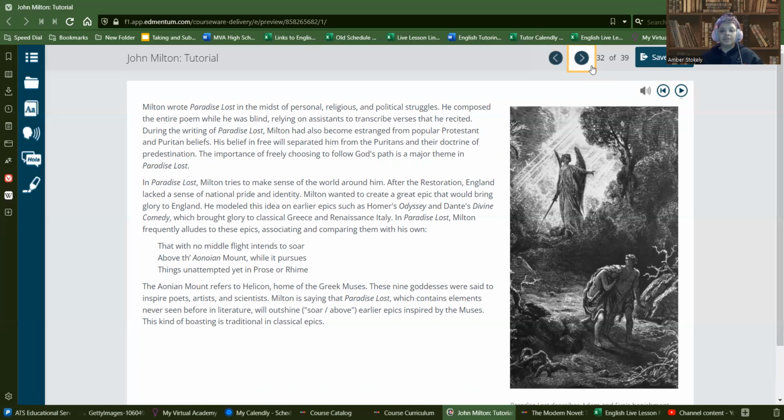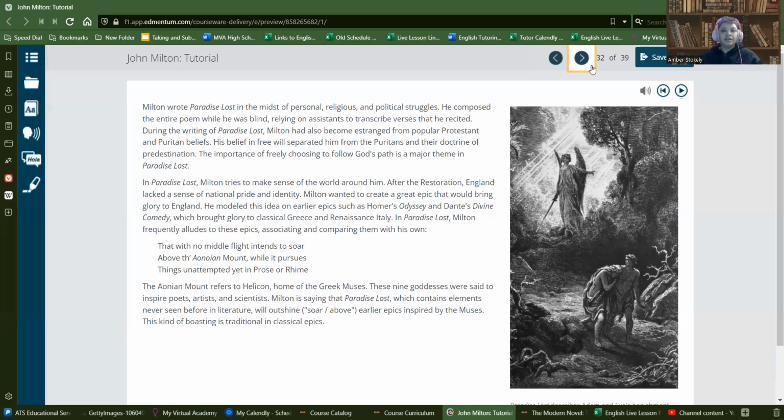He had lost multiple children. He was blind, of course. And even when he would get remarried later, he lost that wife and that child as well. So he wrote this while he was having a lot of struggles, a very agonizing time. Even though he was blind, he still composed this.